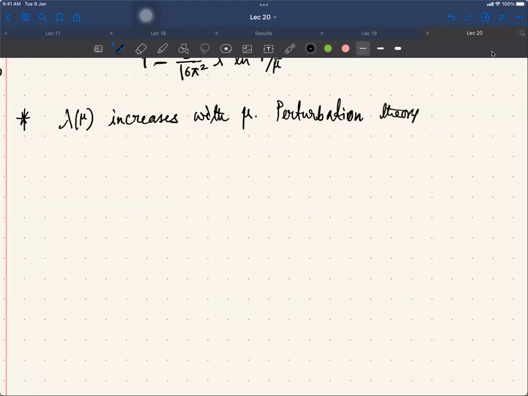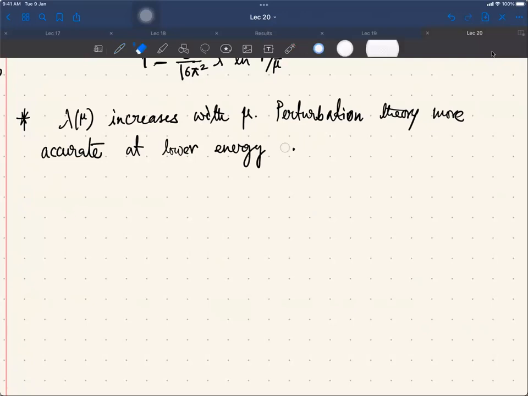So in the infrared, the perturbation theory is better defined.